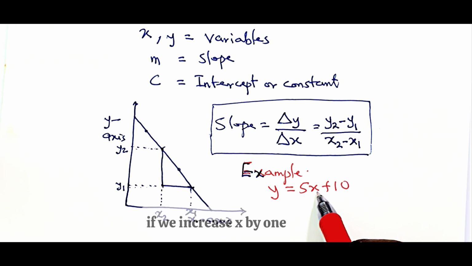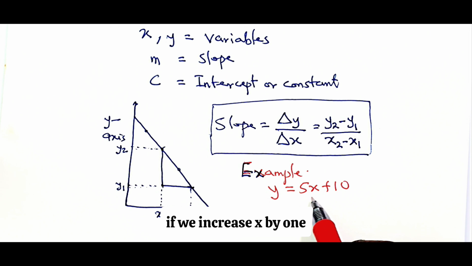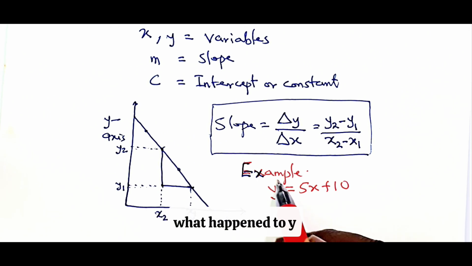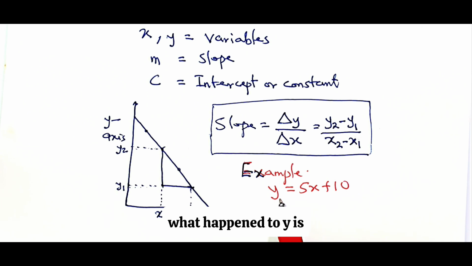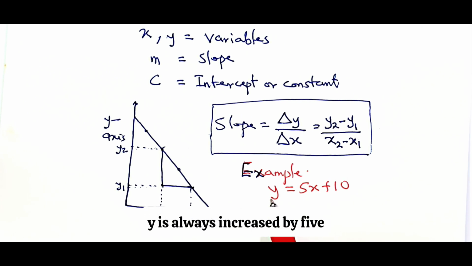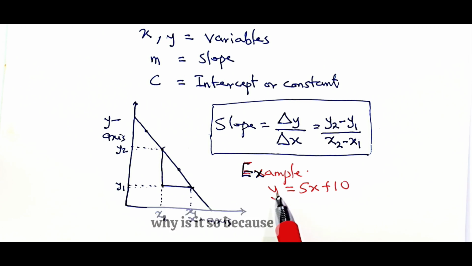Now, if we increase x by 1, what happens to y? What happens to y is that if x is increased by 1, y is always increased by 5. Why is this so?